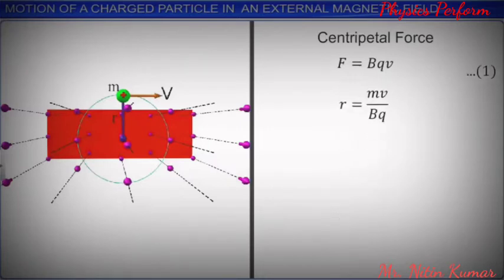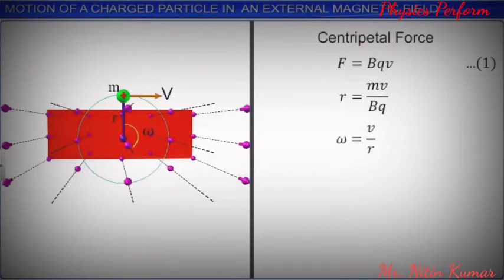The charged particle executes uniform circular motion with a fixed time period T and angular frequency omega. Here, omega is equal to v by r. Let this be equation 2. Comparing equations 1 and 2, the angular frequency of the charged particle omega is equal to BQ by m. Let this be equation 3.